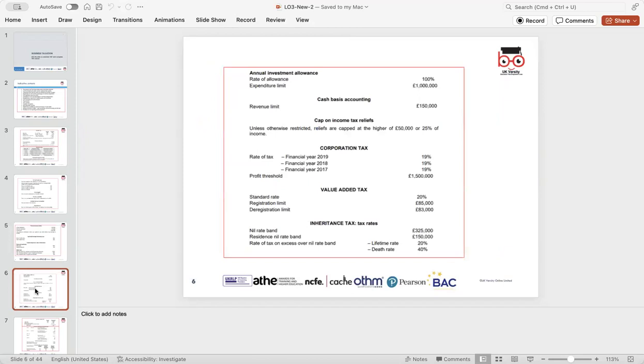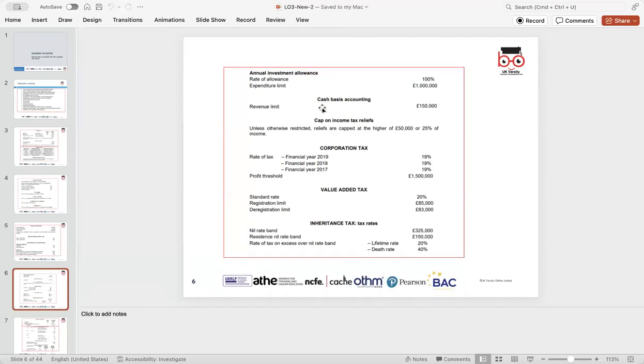Annual investment allowance allows businesses to deduct the full value of qualifying expenditure on assets from their taxable profits. The rate of allowance is 100%, meaning businesses can deduct the entire cost of eligible assets up to a limit of 100,000 pounds.